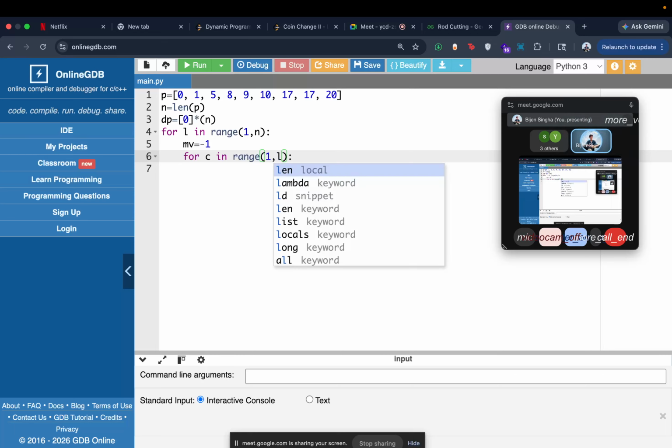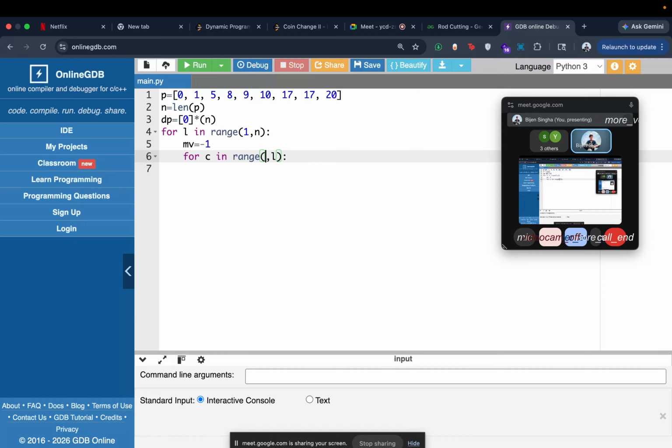L is the cut. If L is 1, I'll cut from 0. Actually, see, if L is 1 means I'm cutting 0. If L is 2, I'm cutting 0 and 1.